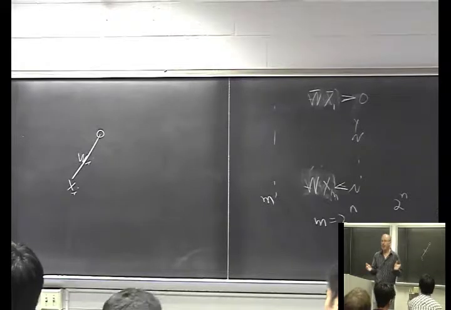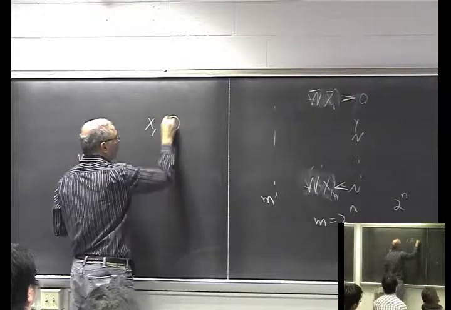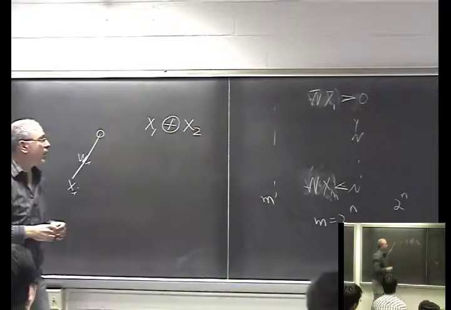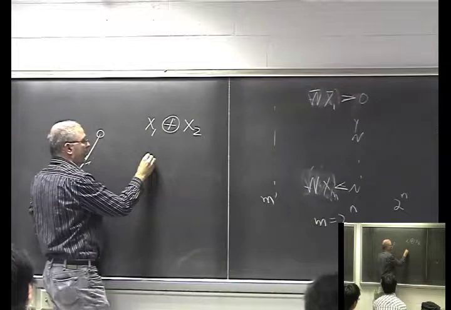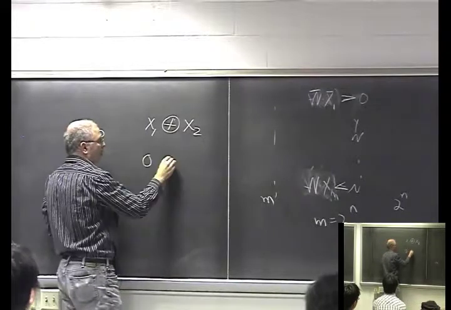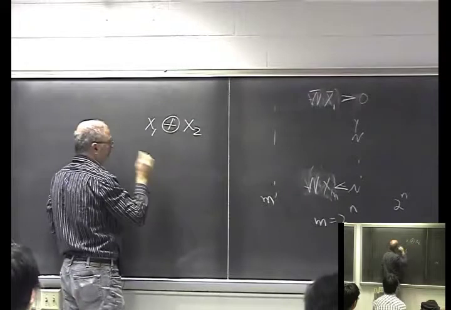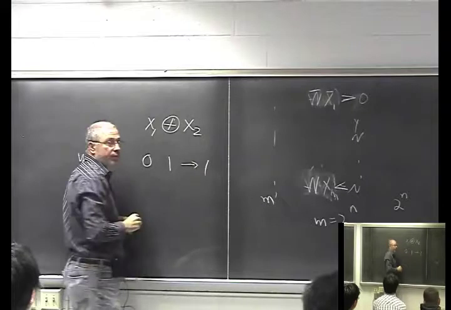The classic example is x1 XOR x2. I'll find you an example where it's not monotonic in x1. So for example, when x1 is 0 and x2 is 1, the function is 1, right?